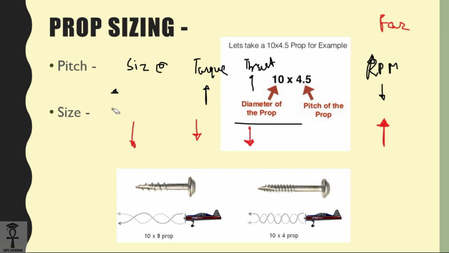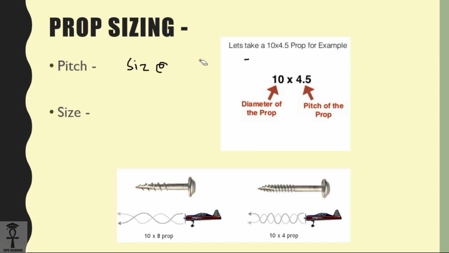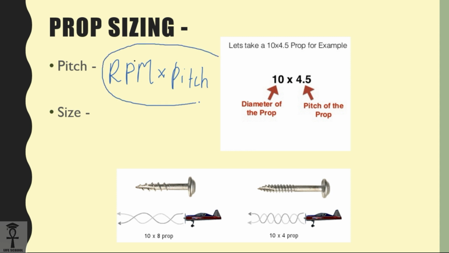Now the RPM of the motor into the pitch of the prop gives you the velocity of your plane, in particular units.